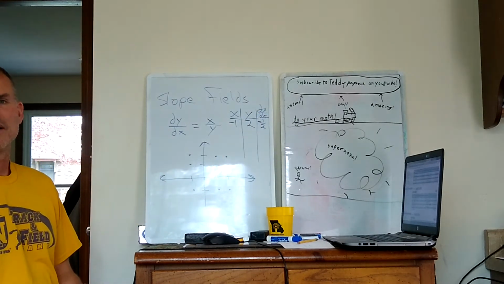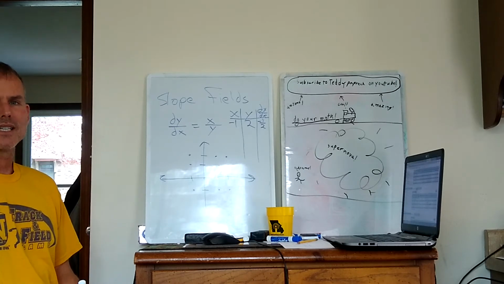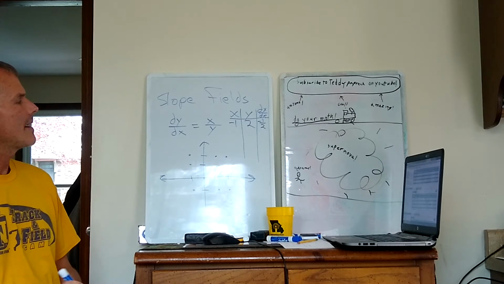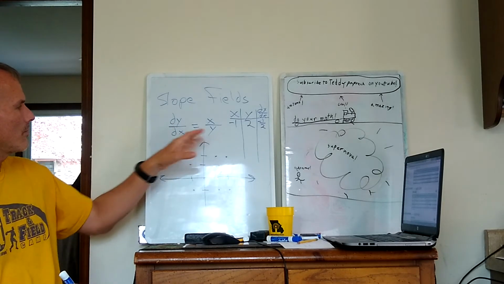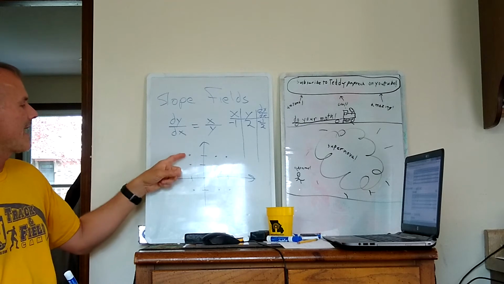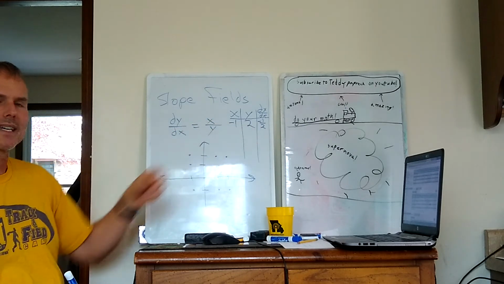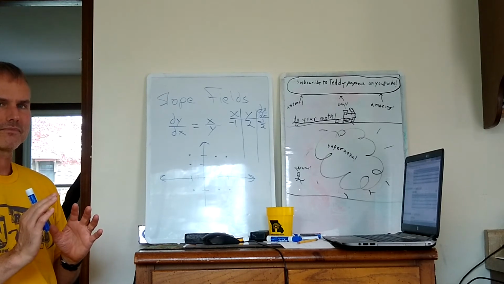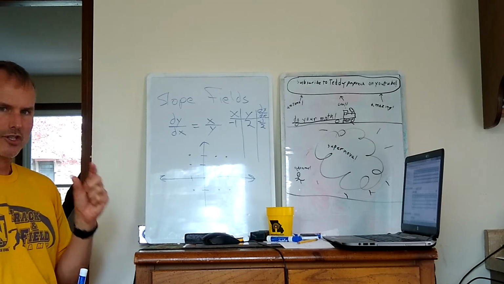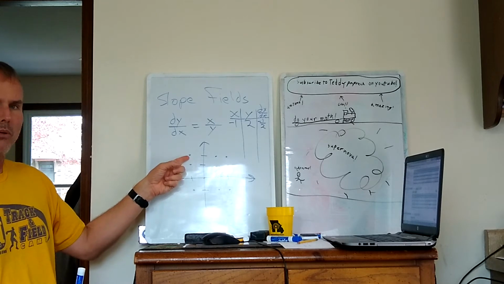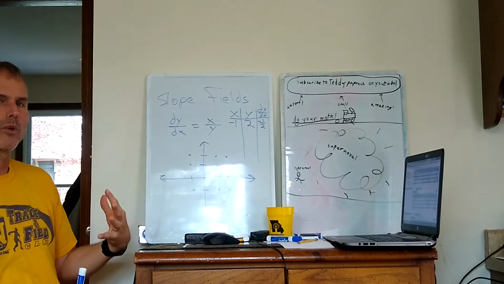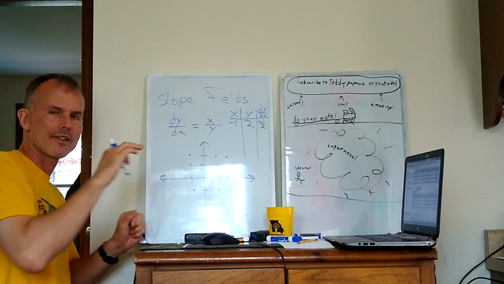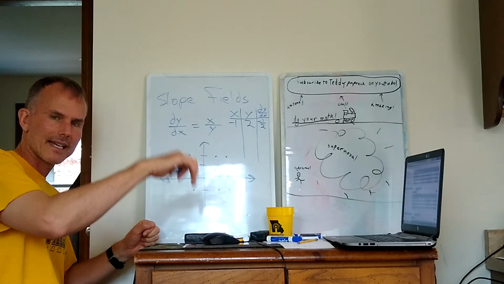Now, let's see what the graphical consequence of that is going to be. That means that the slope of any solution curve at this point is going to be -1/2. So I'm going to put a little tick mark, a kind of short segment, that passes through that point and has a slope of -1/2. -1/2 means for every 2 units I go to the right, I go down 1 unit.